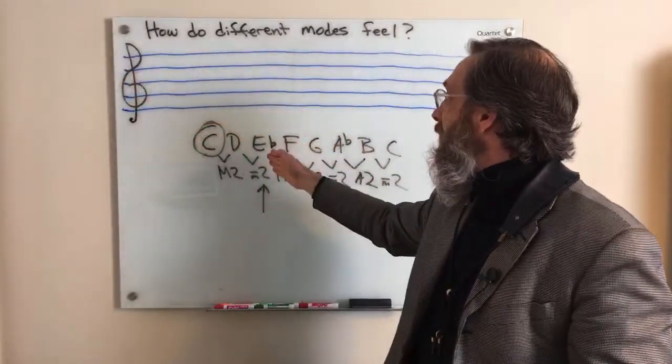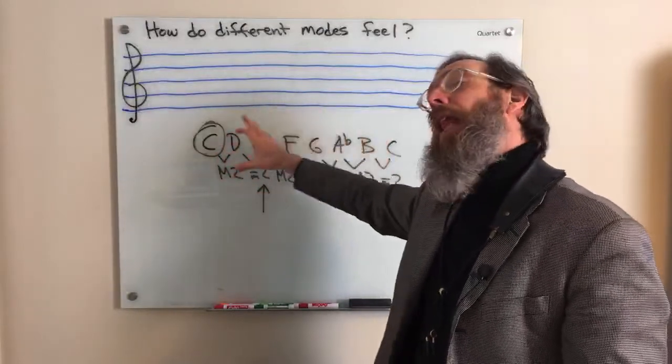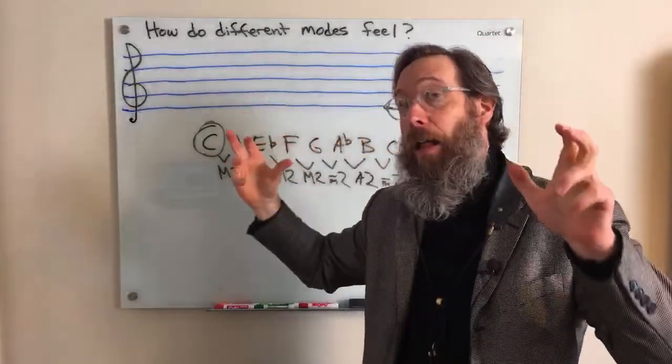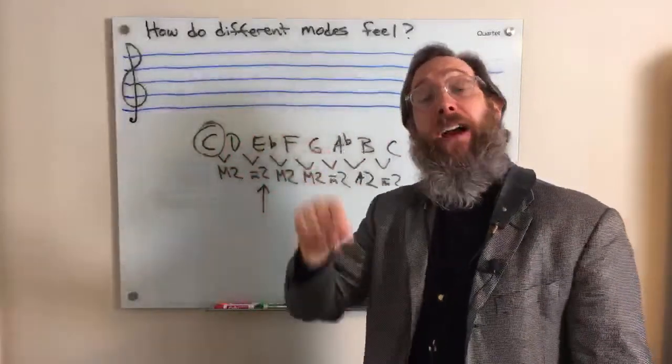So I'm emphasizing the E flat. This doesn't change that we're using the same collection of pitches, that same scale, but we are emphasizing a different note in that scale, therefore that creates a different mode.